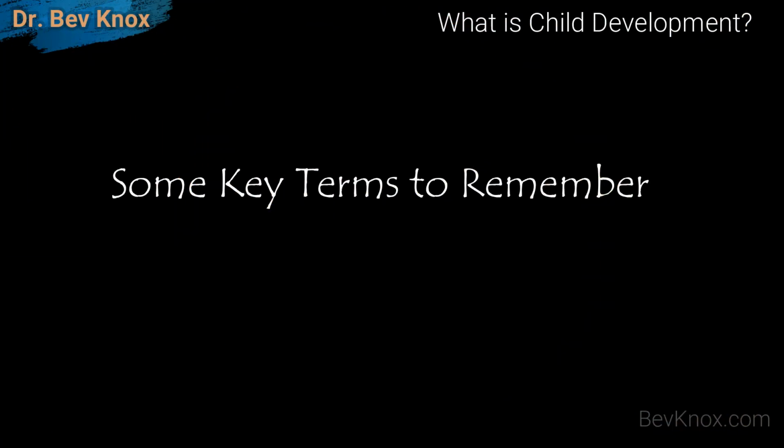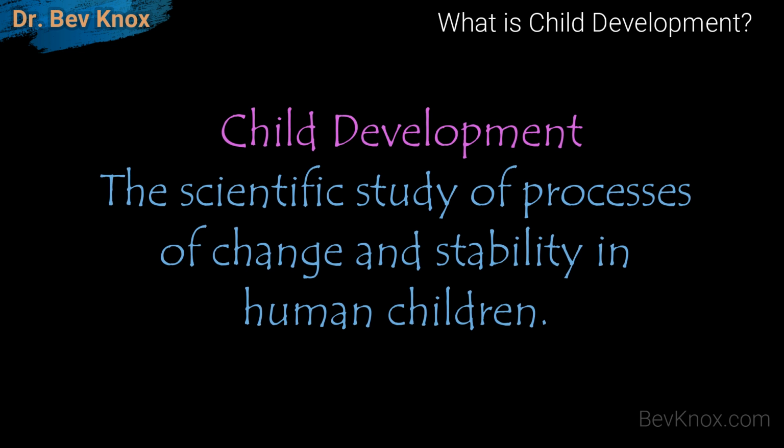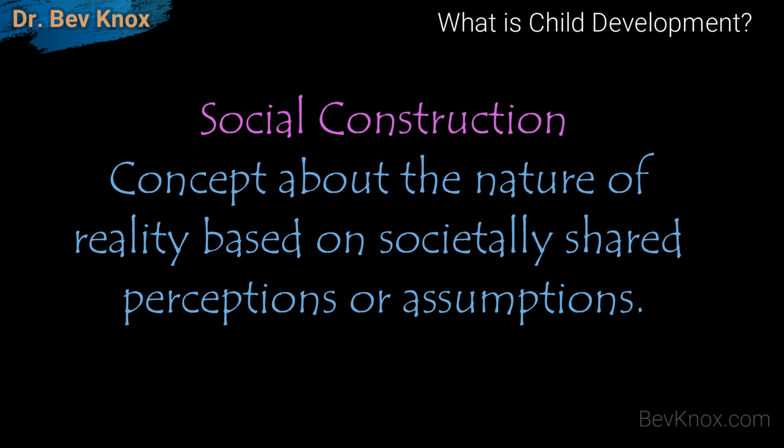Now, here are some key terms to remember. First, child development, the scientific study of processes of change and stability in human children. Social construction, concept about the nature of reality based on societal shared perceptions or assumptions.